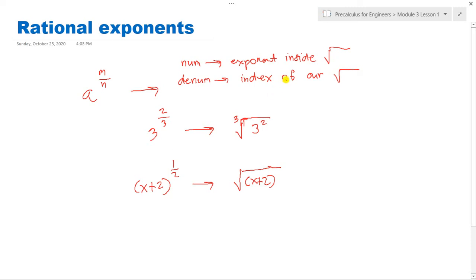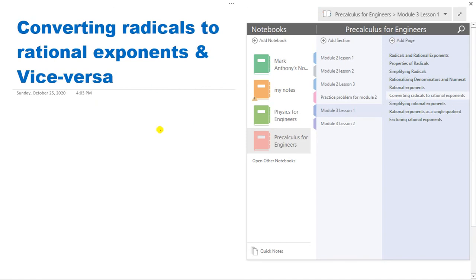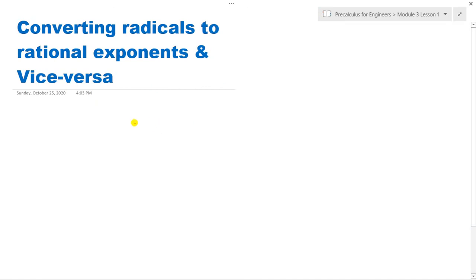Then, yung pinaka importante dito sa radical at rational exponent is the ability to convert this. So dapat marunong kayo mag-convert from radical to rational exponents and vice versa. So let's start.